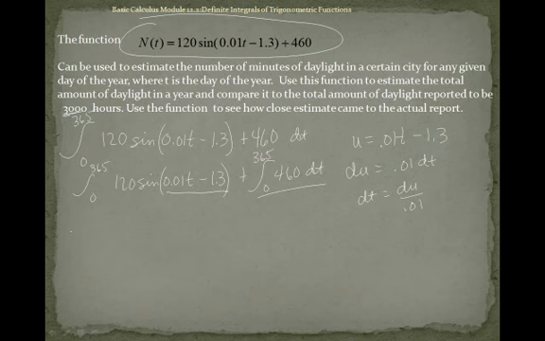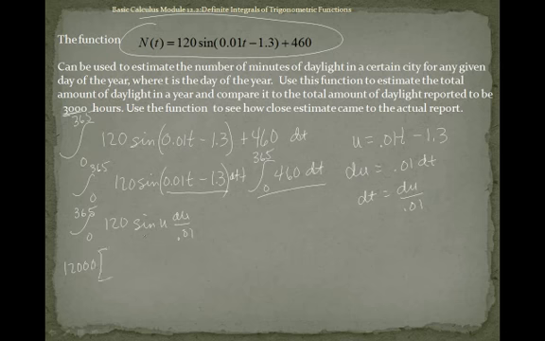So we can rewrite this as the integral from 0 to 365 of 120 sine of u, and then we're going to take out this dt here, and we're going to get du over 0.01. So if we take the 0.01 and the 120 out, that's going to give us 12,000 out on the outside.